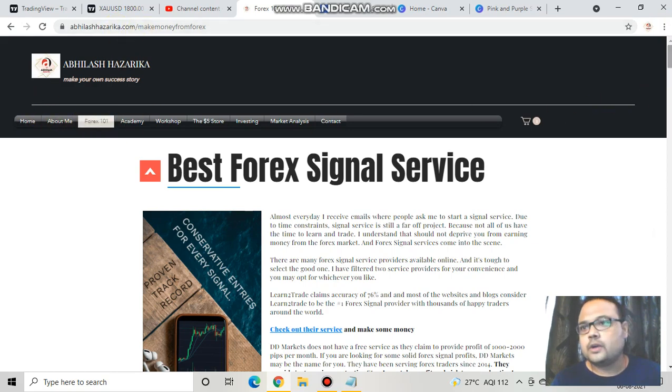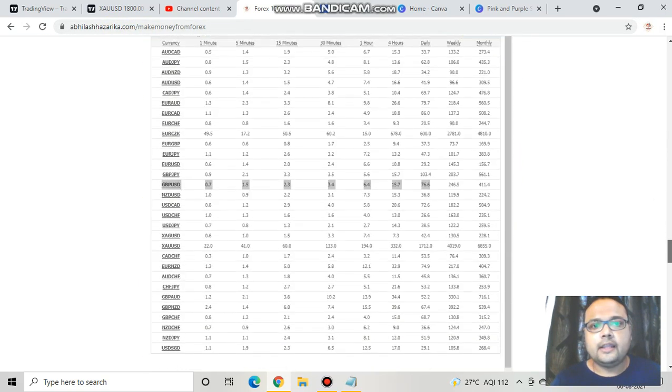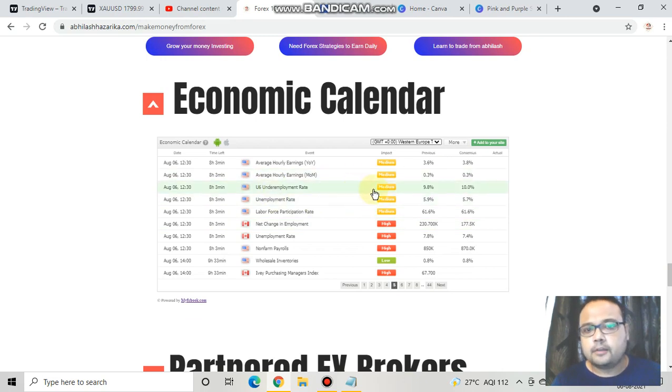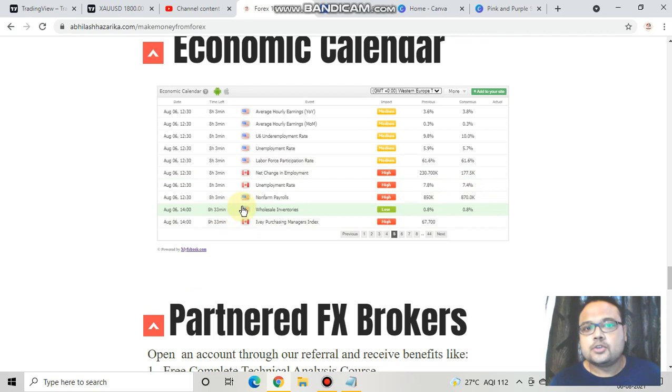Under the Forex 101 section, you will find the economic calendar. Under the economic calendar, only focus on the high impact news events. Today you can see that after 8 hours 33 minutes, we have the non-farm payroll. The previous data was 850,000 and the forecast is 870,000.